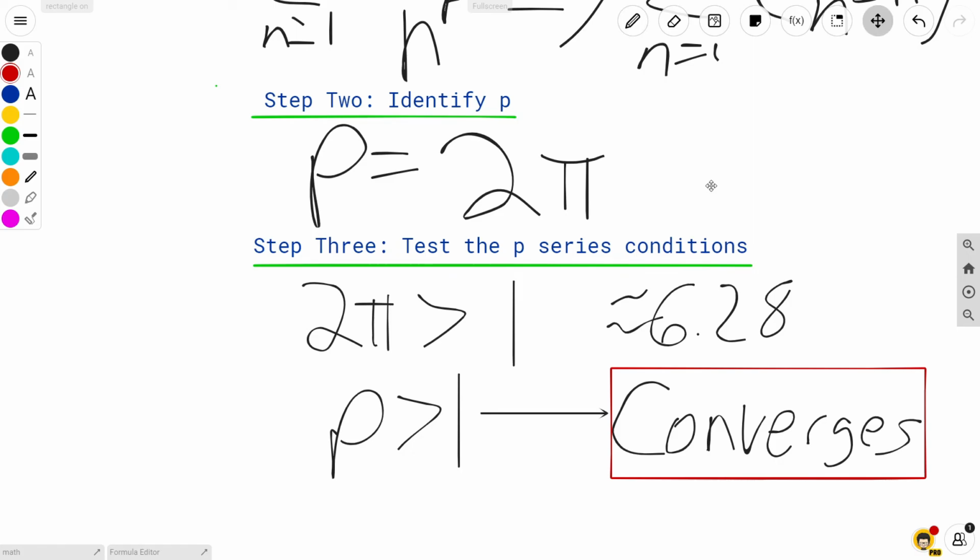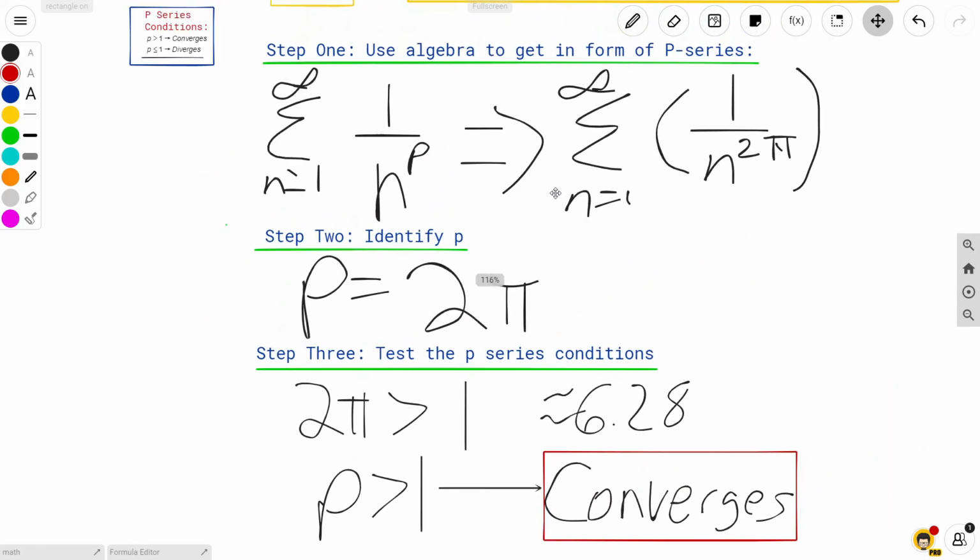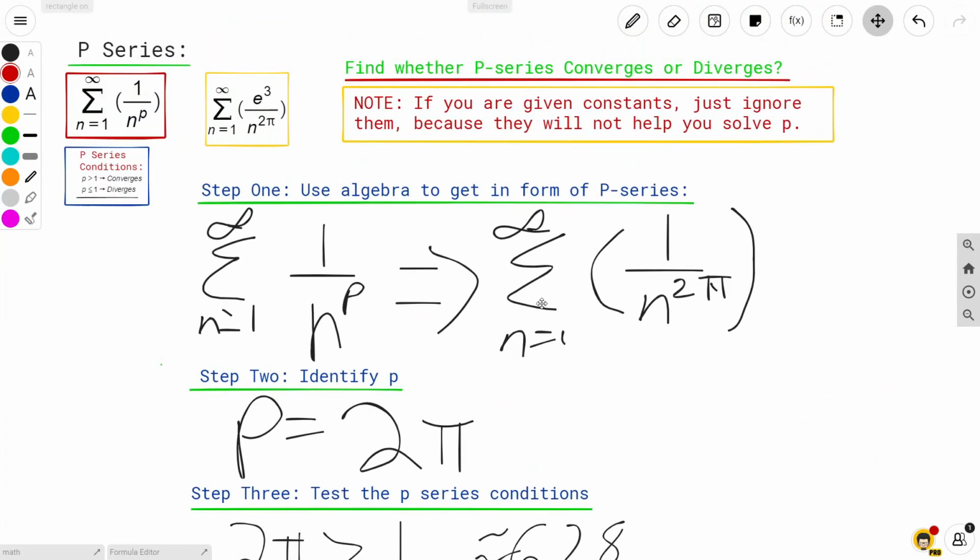In quick retrospect, let's analyze what we just did. First, they ask us to find whether the p-series converges or diverges. Before we do the algebra to get it in p-series form, we make a note to ourselves that if we're given constants, we just ignore them because they will not help us solve for p or tell us whether the series converges or diverges.